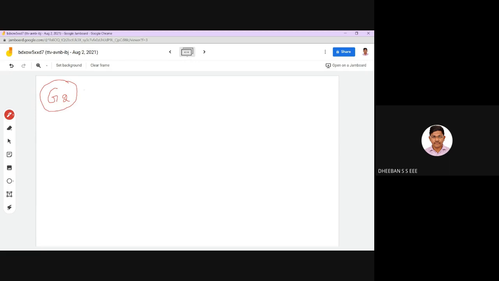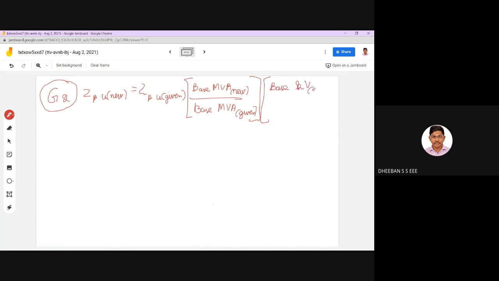The same formula is applicable. Z per unit new will be equal to Z per unit given into base MVA new divided by base MVA given, into base kV given divided by base kV new, the whole square.